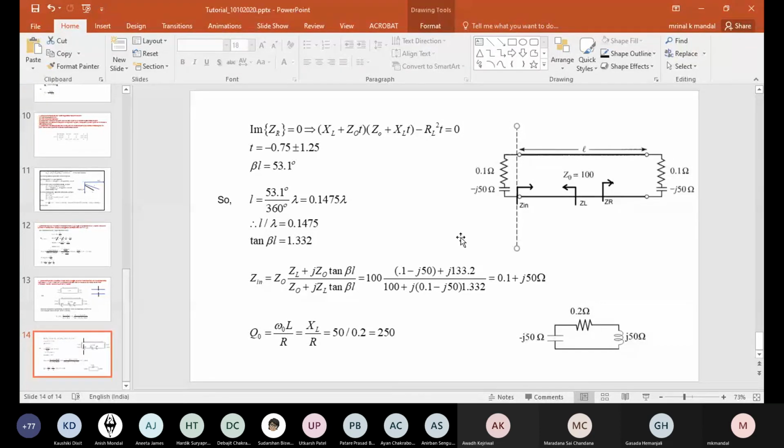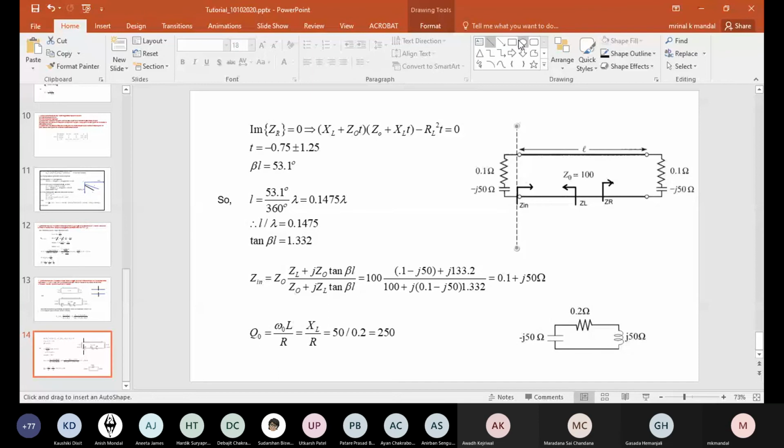Yes, sir. Also, sir, if they have given us another load and told us to calculate the loaded quality factor, then... This one, actually, you are considering isolated. Now, if I use a load here, then first of all, if the load is directly connected, then we can do it. Let's say I am connecting a 50 ohm load at this point. Then actually your resonant condition will change.